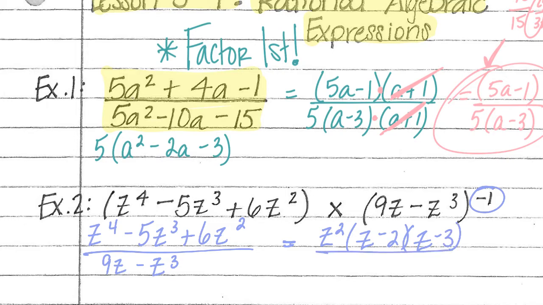On the bottom, I know I can factor out a negative 1z, which just makes that answer be a negative. Because they wanted to get the same thing, there is a z minus 3 and a z plus 3.